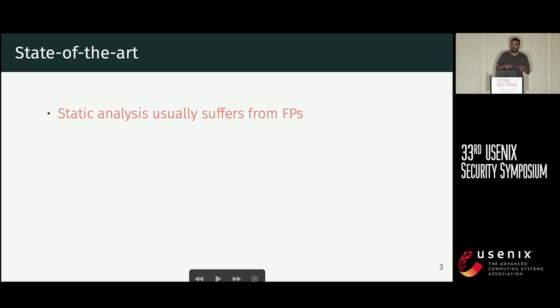So while we were writing the paper, we were thinking about what the state of the art is. When you wanted to do some kind of security analysis of your web application, but you didn't want to do it manually, you had to pick some kind of static analysis tool. And what you usually see with static analysis tools is that they have a lot of false positives.